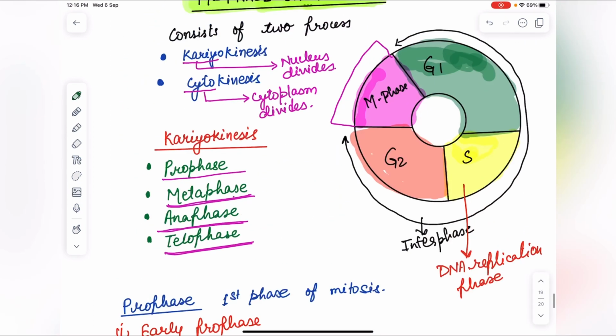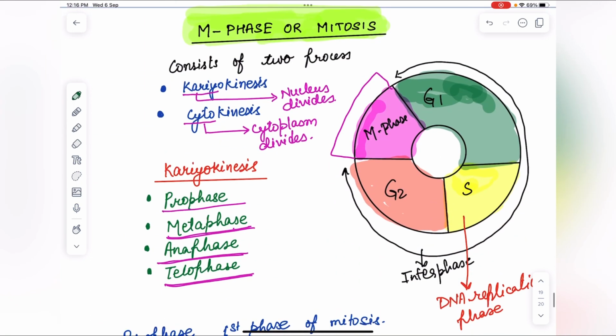Now first I'll discuss early prophase. This mitosis is called equational division. Here I am writing: mitosis is called equational division. Why is it called equational division?